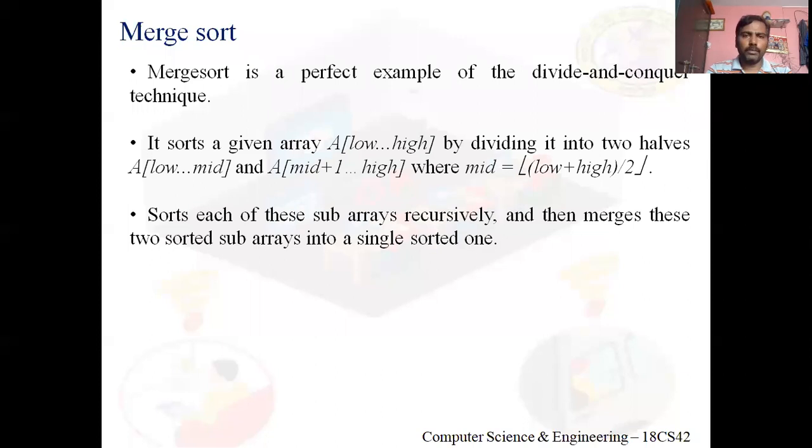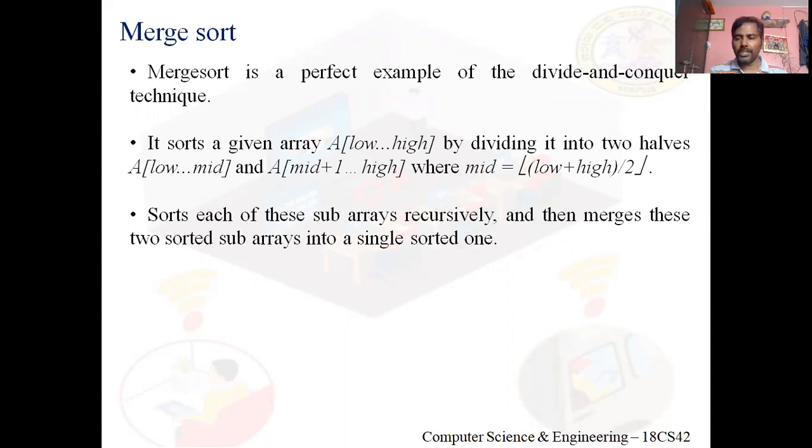So what actually is merge sort? Merge sort is a perfect example of the divide and conquer strategy. Say an array with 8 elements needs to be sorted. First, I will divide it into 2 halves, each containing 4 elements. For that I need to know the mid index where I am dividing.